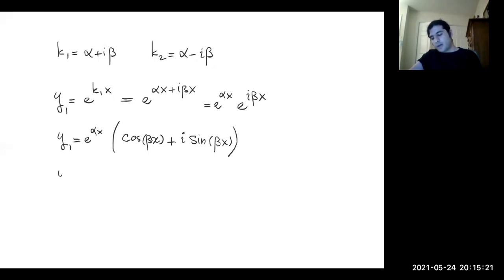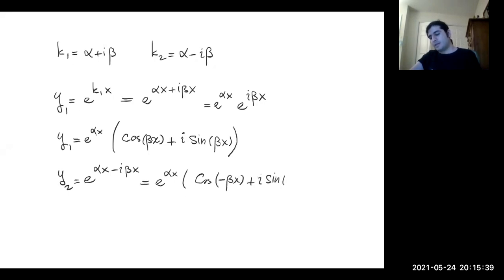So y2 is equal to e to the alpha x minus I beta x. Therefore, it is e to the alpha x times e to the minus I beta x, which is equal to cosine of minus beta x plus I sine of minus beta x. But the point is that cosine of minus beta x is equal to the cosine of beta x.